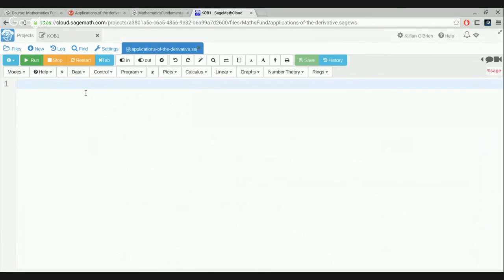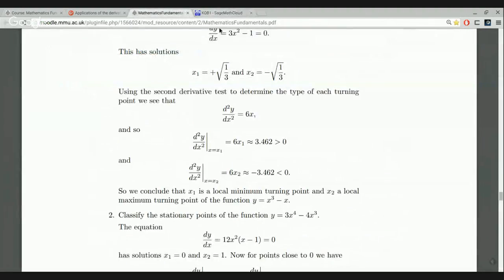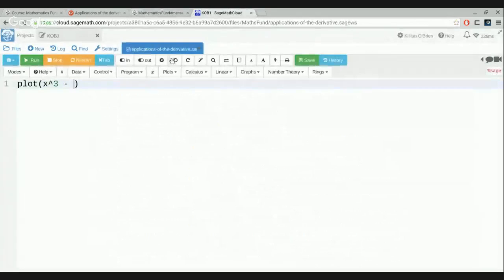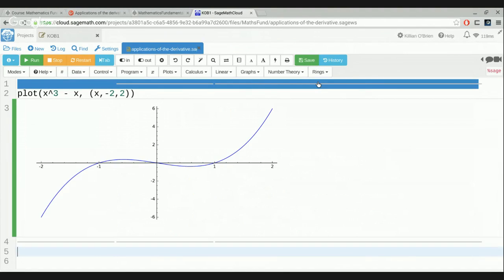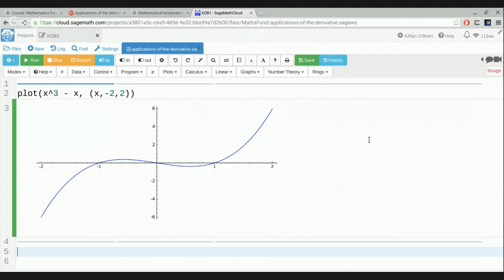Okay. Quickly just verify that that's correct by looking at the plots of the function. What was it? X cubed minus x. Yeah, and you see you do indeed have what look like two critical points here, a local minimum at a positive value, approximately 1/2, and a local maximum at approximately negative 1/2.